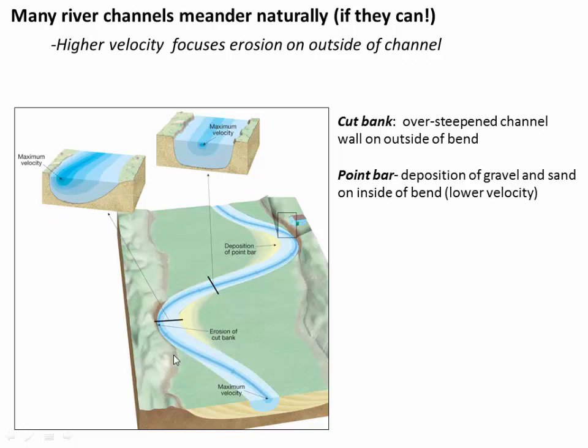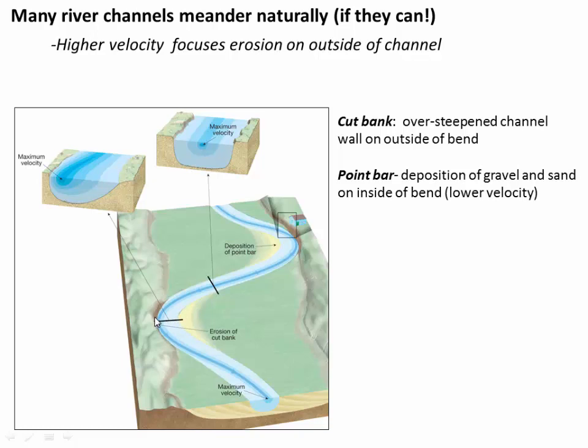So the result over time is that those higher velocities on the outside tend to erode the outer bank of a turn, and that's called a cut bank. It's literally an oversteepened channel wall on the outside of the turn, and material that is eroded from that cut bank tends to actually be deposited on the inside of the turn in what's called a point bar.